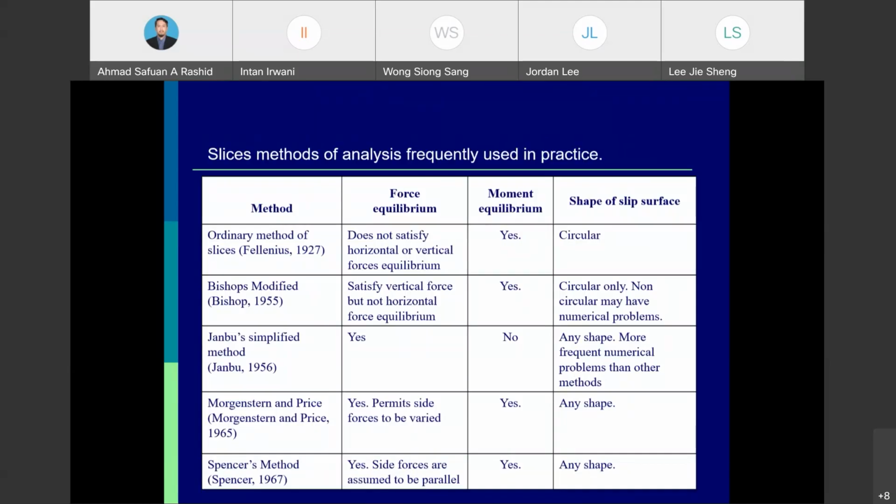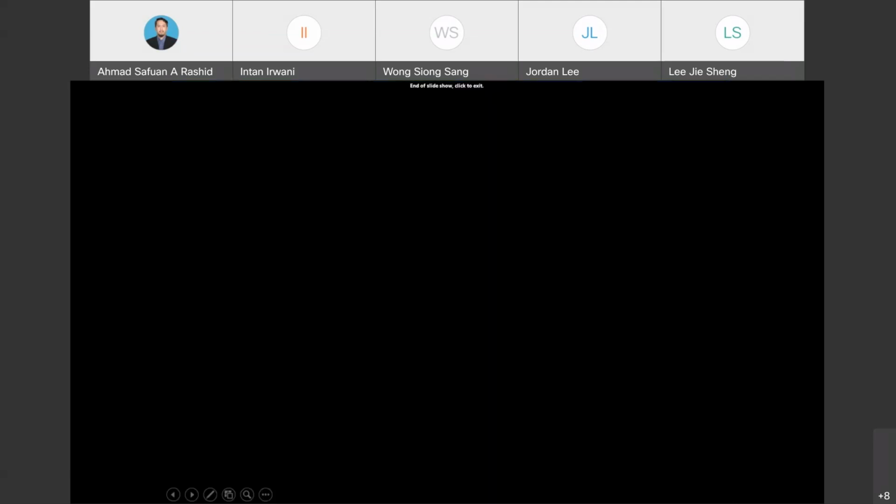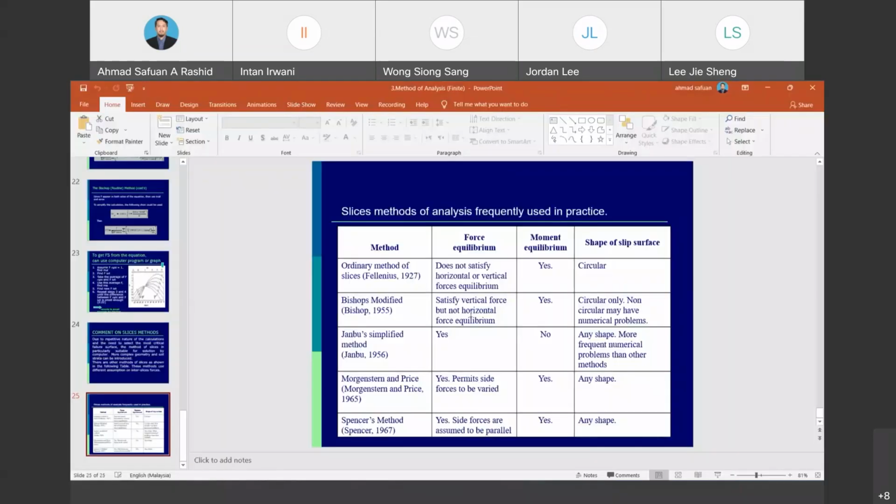They keep improving or evolving. For our part, we may learn the Fellenius and Bishop methods. We will discuss based on examples. Okay, so we should have a rest for 10 minutes.